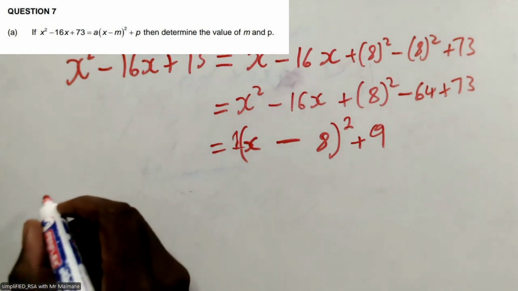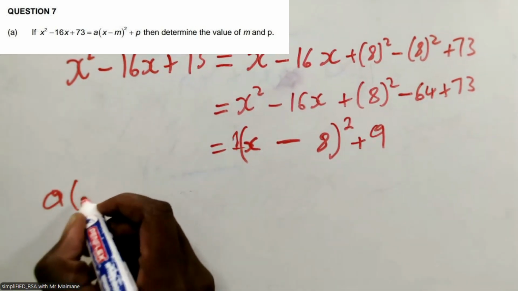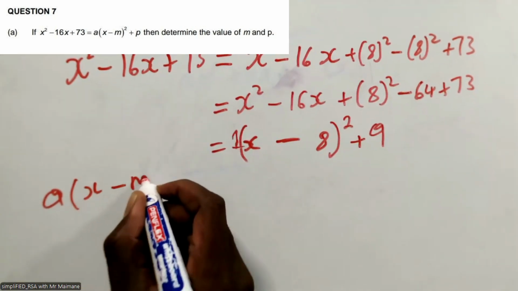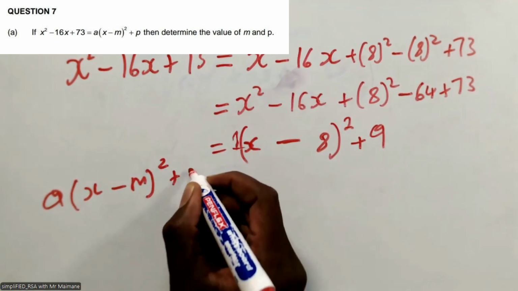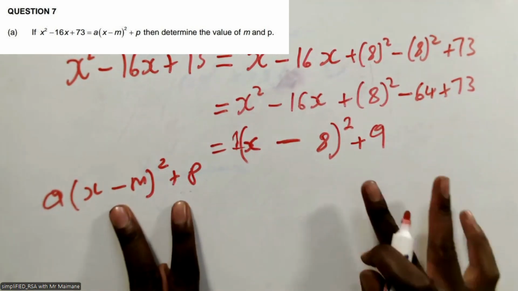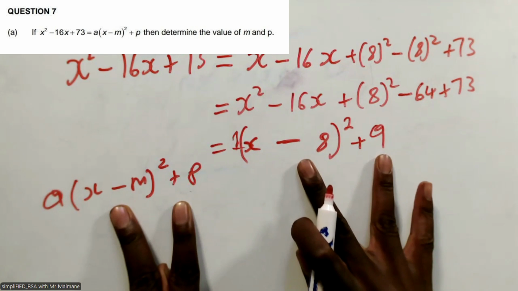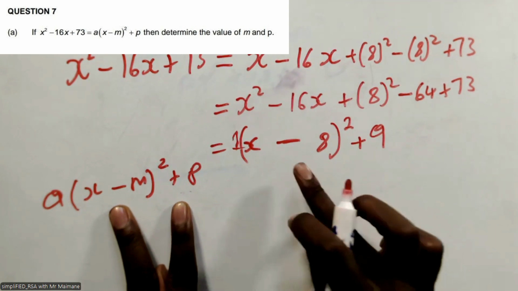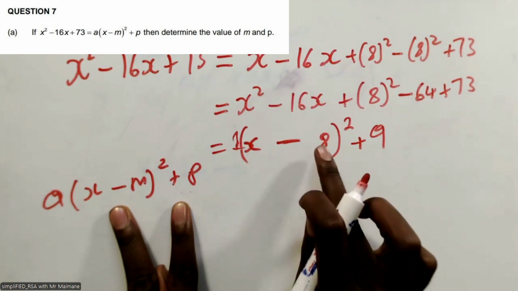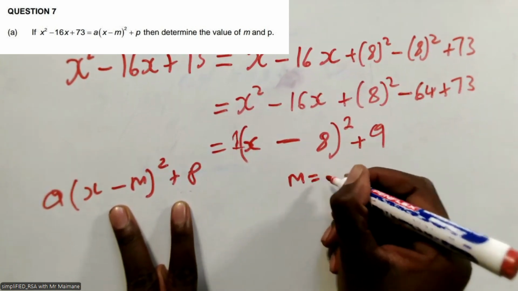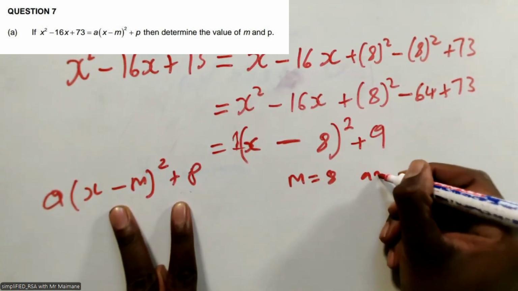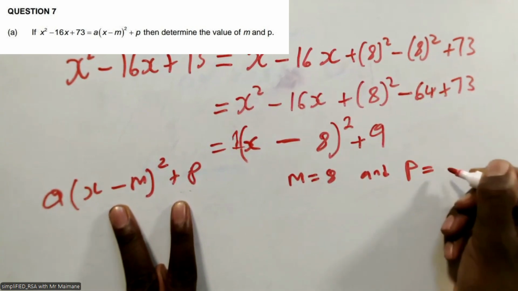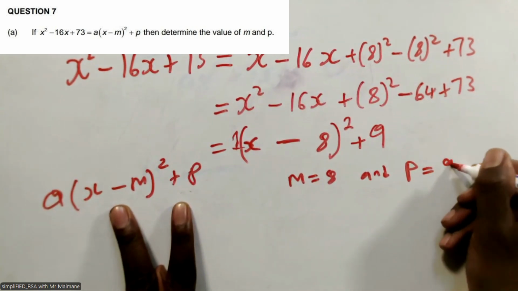In our question, they wanted us to show that this can be written as x minus m squared plus p. So you can see the value of m and the value of p from here, and we don't have to think very hard. If the bracket is x minus 8, that means m will be 8, and p would be 9.